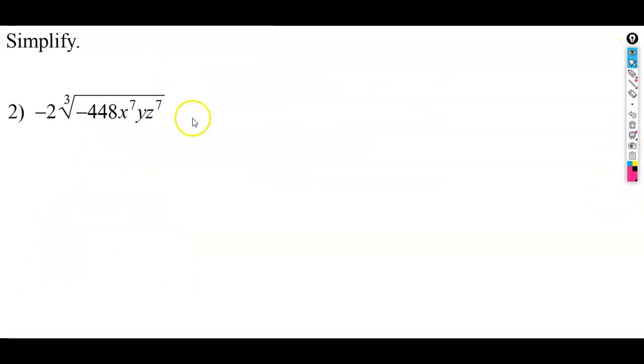Look at another one here. This is a cube root. You'll notice that there's a negative underneath of the radical. Now, if you're ever dealing with a square root, that makes an imaginary number, which we'll talk about later in this video. However, when you're dealing with cube roots, it is okay to have a negative under the radical. So in other words, it's not imaginary.